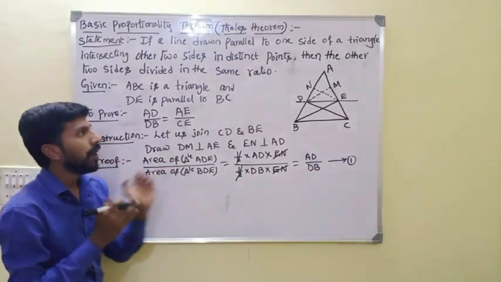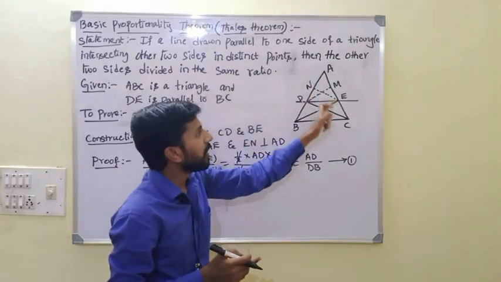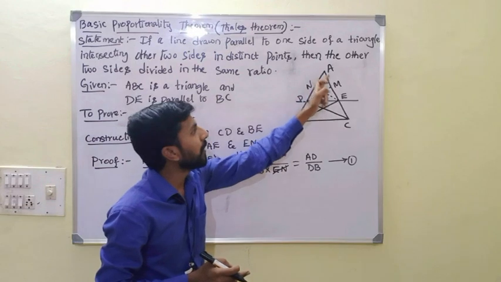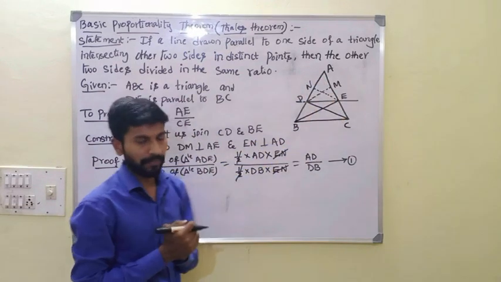Now I'll take AC as a base and I will divide the areas of triangles AED and CED.